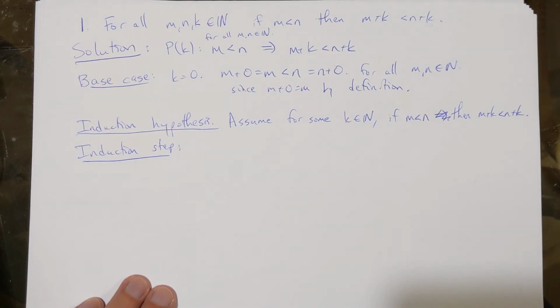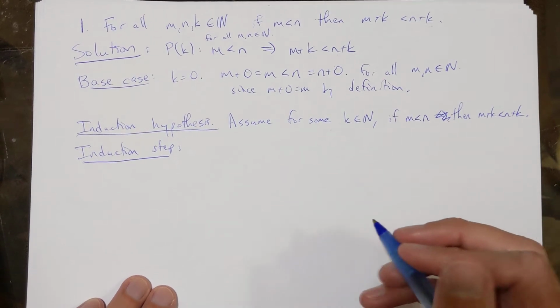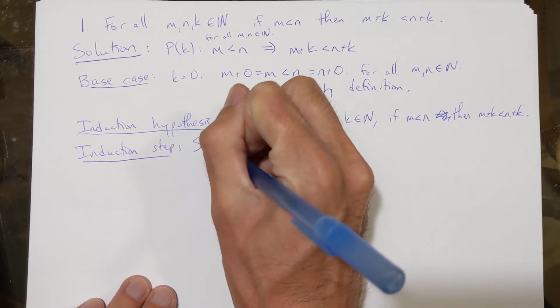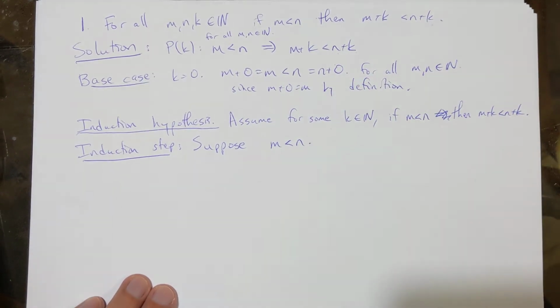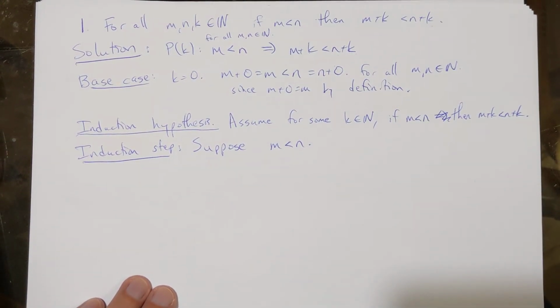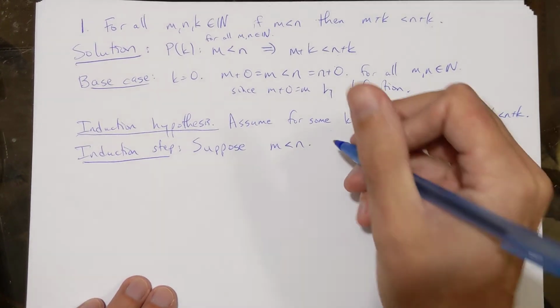Right, what should we do? Well, we suppose m is less than n, and now we have to look at m plus k plus 1 and compare that to n plus k plus 1.